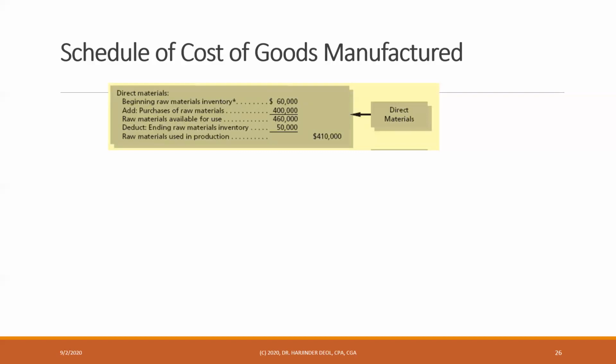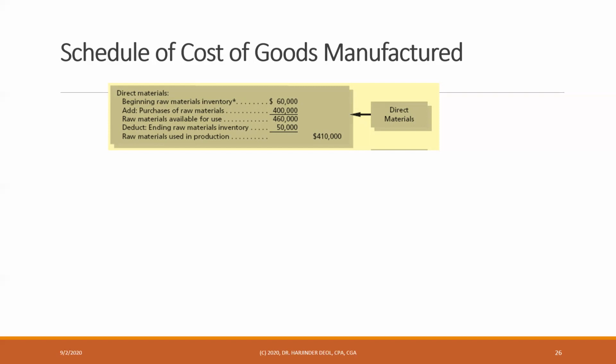So beginning raw materials inventory. You will add to that the cost of raw materials that were purchased during the period. Added together, we get a total dollar amount of raw materials that were available for the company to use for its production.